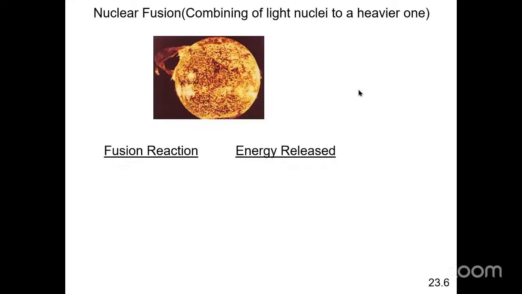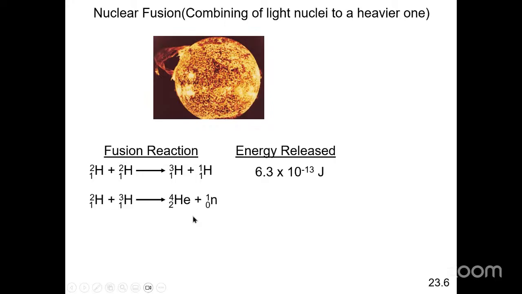Okay, nuclear fusion, which is basically the opposite of fission, is where you have two light nuclei coming together to form a heavier one, right? And this is particularly important because these are the types of reactions that are produced in the sun, right? So over 99.9% of the energy that reaches the earth comes from the sun.